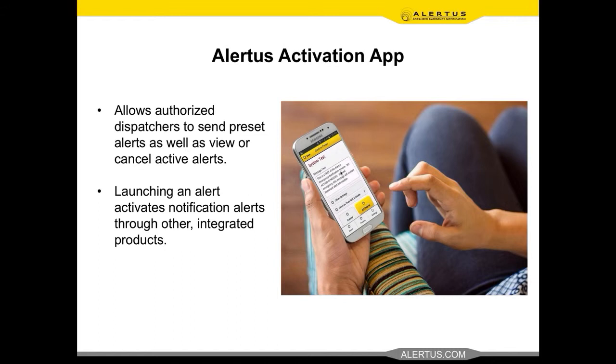With the pervasiveness of smartphones and how many people are carrying those today, why not be able to activate these devices and take advantage of this notification mode for everybody that's walking around with one? Also, while activating the Alertus app and activating the Alertus system through that app, you'll see congruency between activation between the app and our user interface.